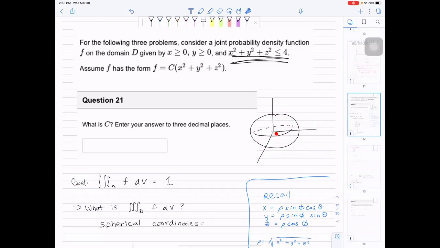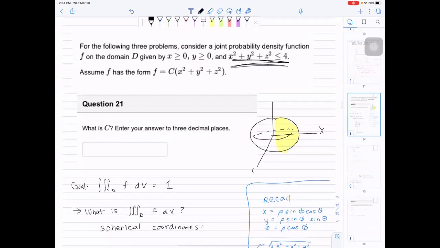The top half, the bottom half, the right half, the left half? Yes, so x and y have to be greater than 0. I should have labeled my axes. So it should be on this side, and z can be all the way up here or all the way down here. So you can think of our region as a slice of an orange.